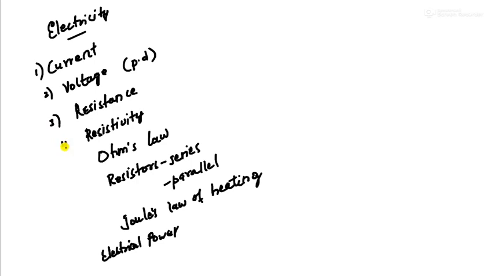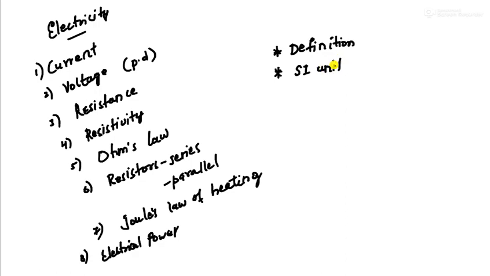Why am I telling this? Multiple choice questions will be based on these only. They may ask you the definition indirectly, and as we solve the problems you'll come to know what kind of definition they are going to ask. They can ask the SI units of the given quantities, like what is the SI unit of current.